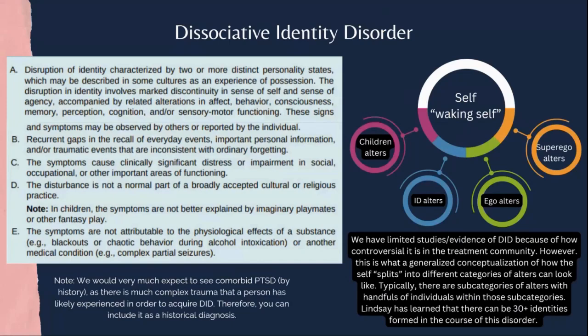We do know that a person has had to experience really significant trauma and really significant attachment issues. The conceptualization is that as a result of not being able to handle the pain caused by the trauma and the attachment issues, they form different protective personality states.